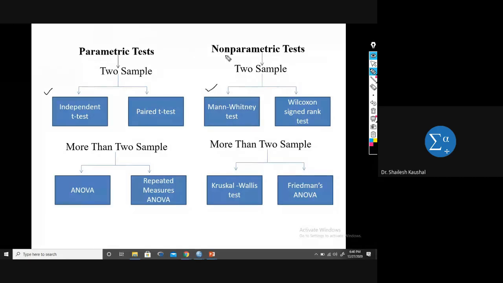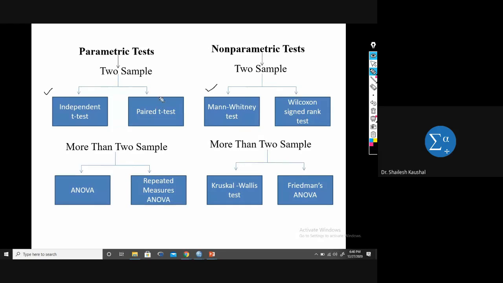So the Mann-Whitney U test basically compares two mean ranks. If the difference is more, then we can say there is a significant difference between the two groups. So who will tell us whether this difference is significant or not? The p value decides.